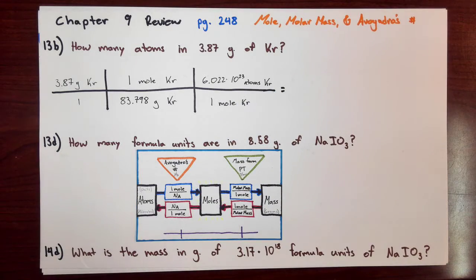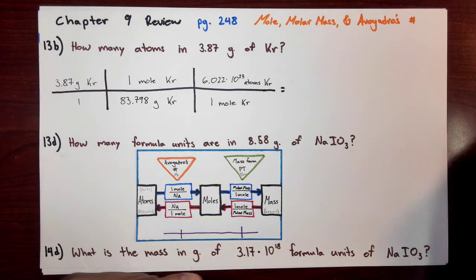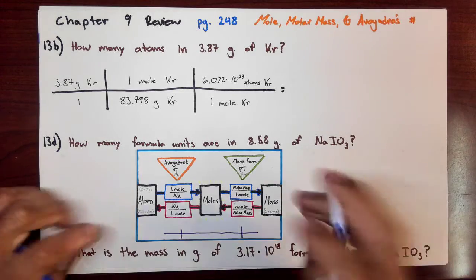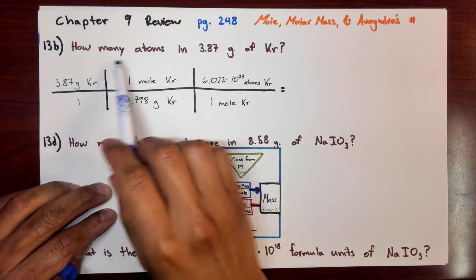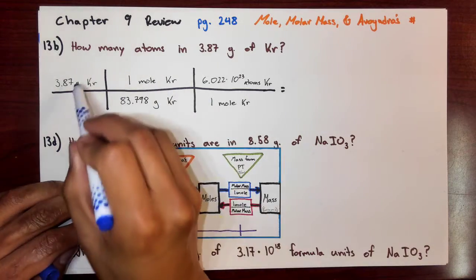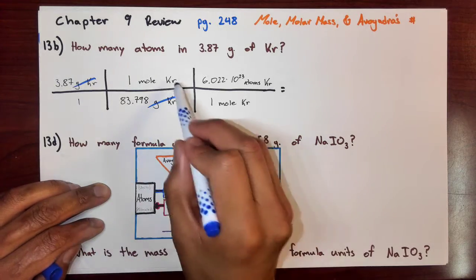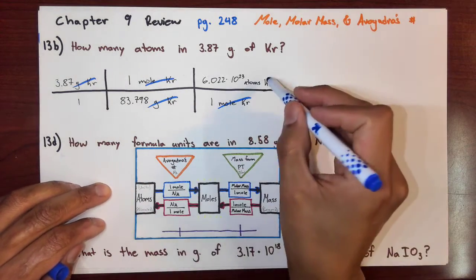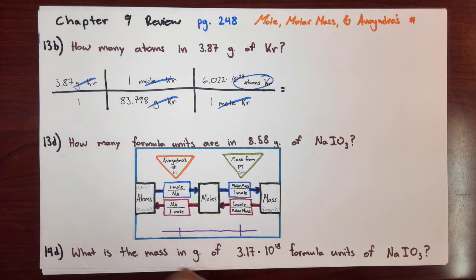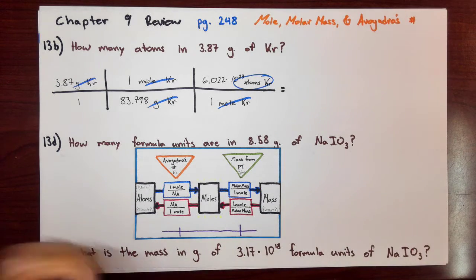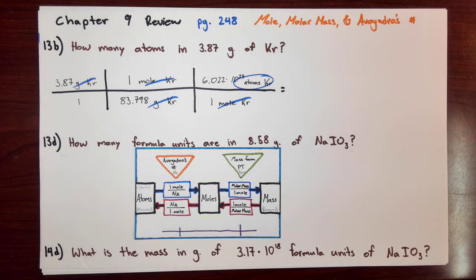Okay, so let's finish this up now. And all we have to do now is plug this into our calculator. But first, let's cancel everything out to make sure that we finish with what we want. We want atoms. We started with grams. Grams is going to cancel out with grams. Moles is going to cancel out with moles. We're going to be left with atoms, which is exactly what we want. So let's go ahead and write down our answer by plugging it into the calculator.